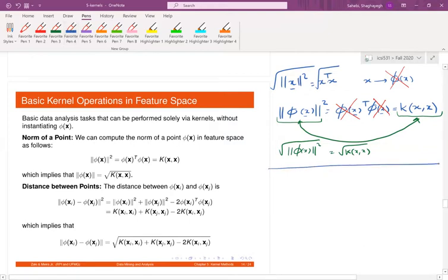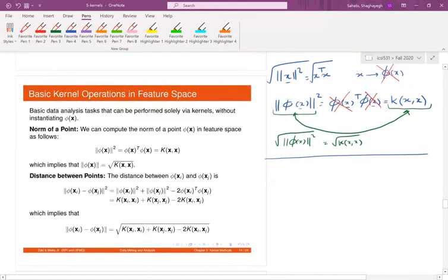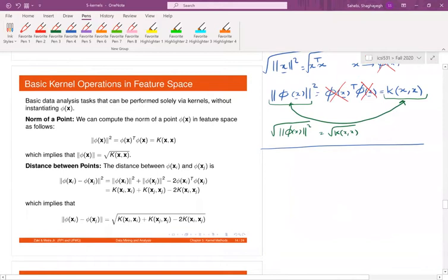Now, let's look at another operation. Suppose that we want to find the distance between our data points. If I want to calculate the distance between two data points in the original input space, for example between xi and xj, I can calculate it according to the L2 norm of xi minus xj.